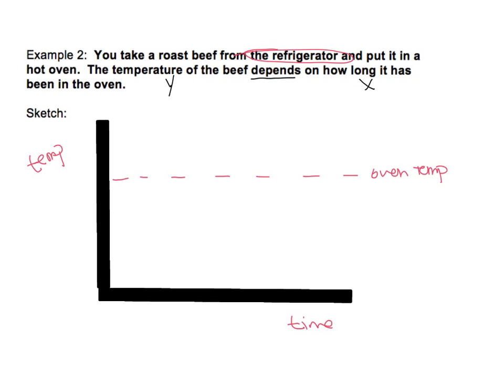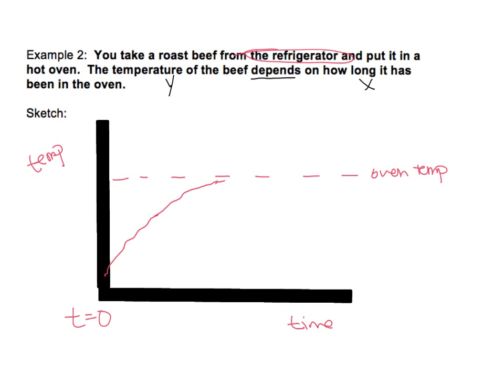So what's going to happen is, as our roast is in the oven, when we put the roast in, it's going to be equivalent basically to 0. So what's going to happen is, as time goes on, the temperature of the meat is going to gradually increase, okay?